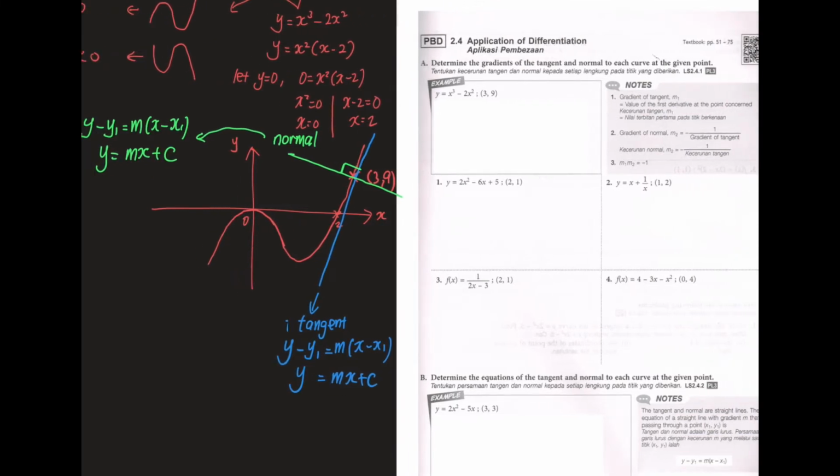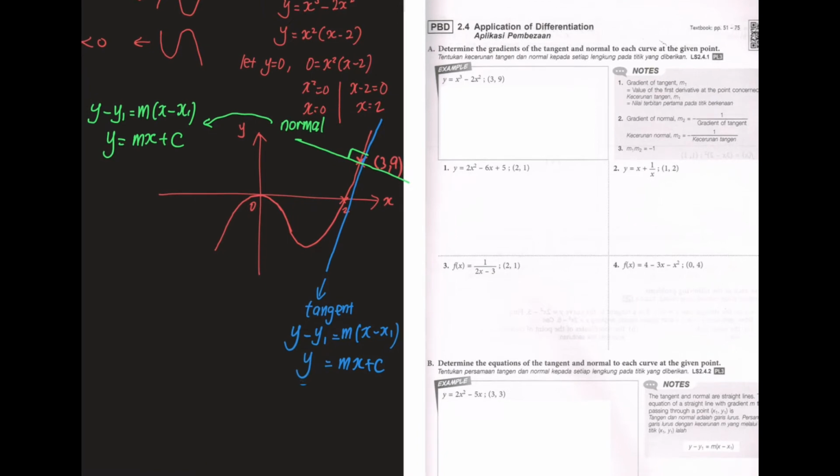So the difference between tangent and normal is the gradient. As you can see, the tangent's gradient is like this. The normal's gradient is like that, where they are perpendicular to each other. So let's say I make it look different. Gradient of tangent, I use mt. Gradient of normal, I use mn.